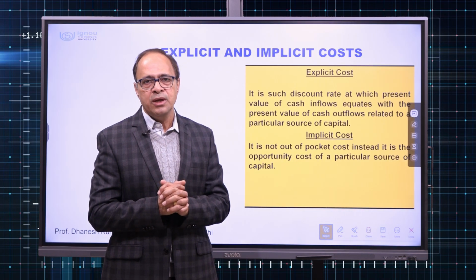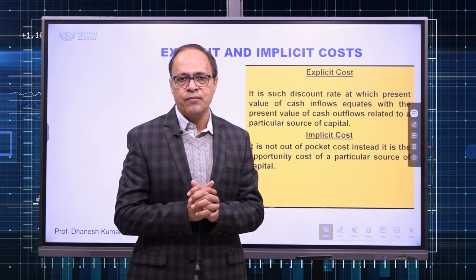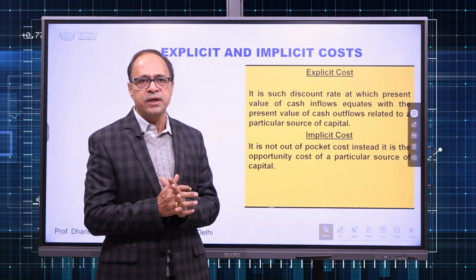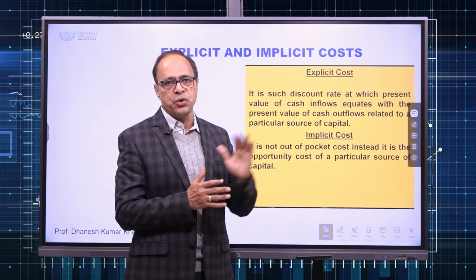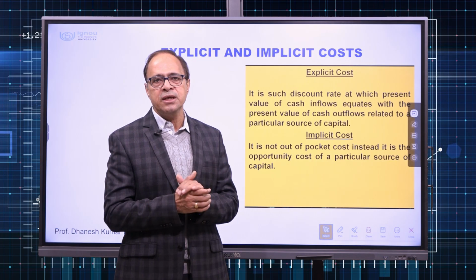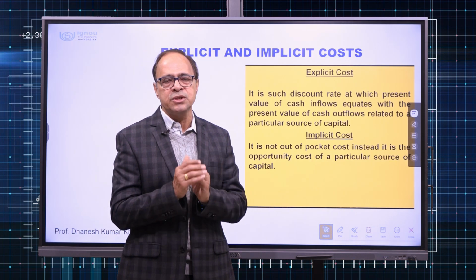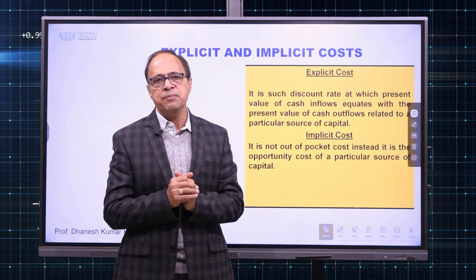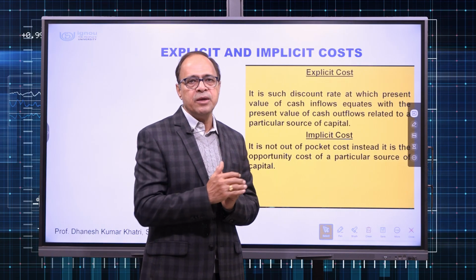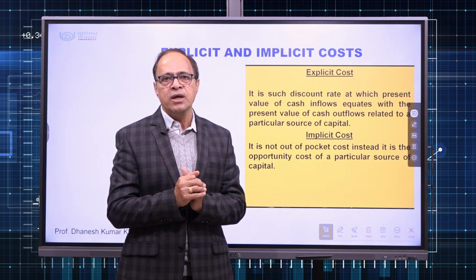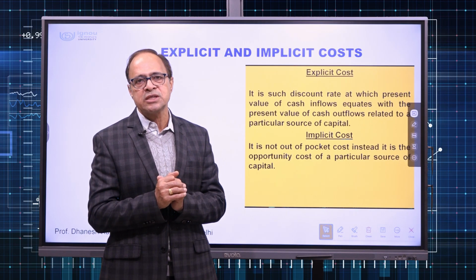Let us assume a company has got a retained earning of 100 crore rupees. Now, with this retained earning of 100 crore rupees, one avenue may be that the company can repay its loan, or another avenue may be that the company can create an investment in a bank or financial institution where it can earn 9% return. However, instead of investing in that particular bank or financial institution, the company is going to invest the same 100 crore rupees in some investment project.